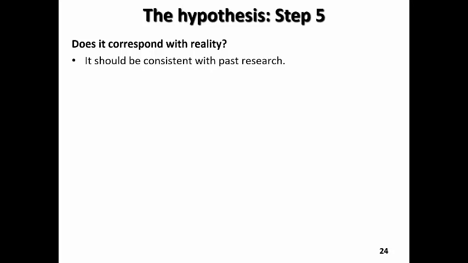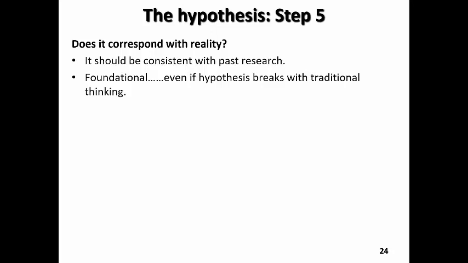Does their educated guess correspond with reality? Does it make sense when they step back and not focus so much on the numerical values, but is it consistent with past research? Is it foundational? So even if the researchers believe that their hypothesis breaks with traditional thinking, is there a foundation for that based upon theory and/or previous research outcomes?